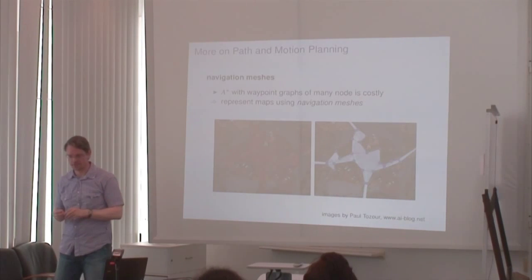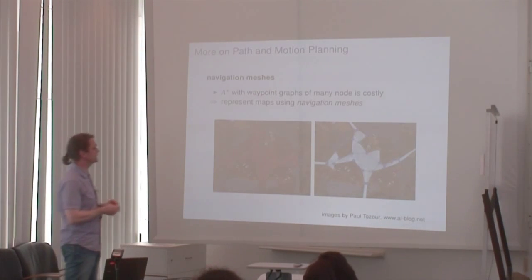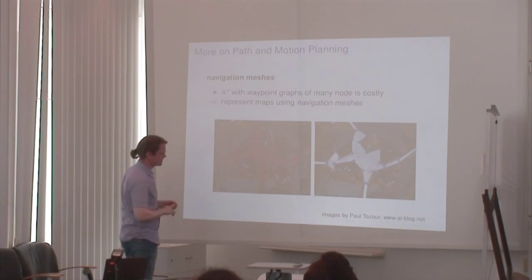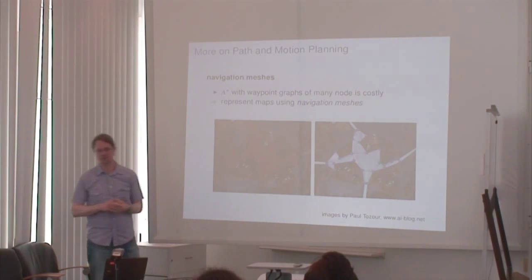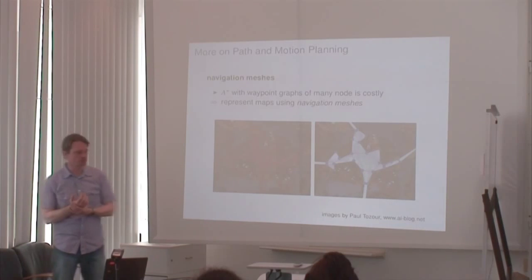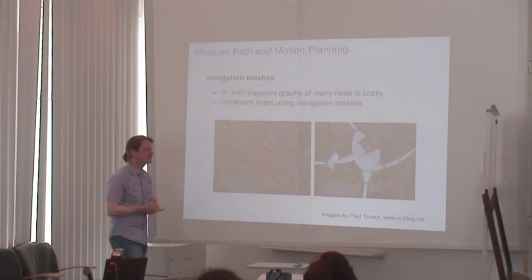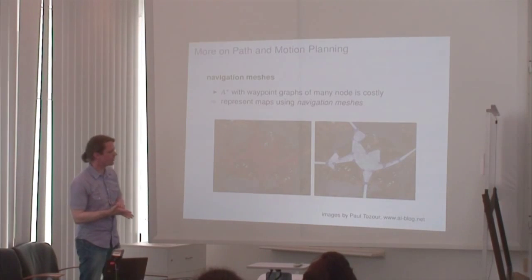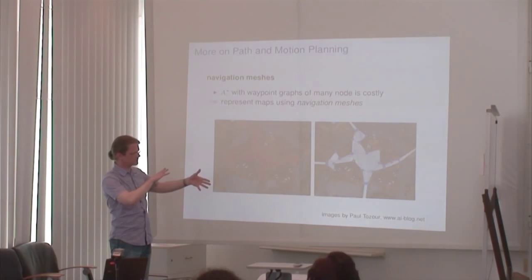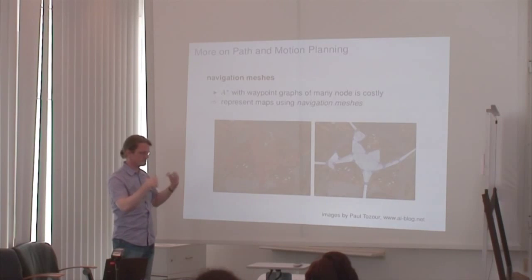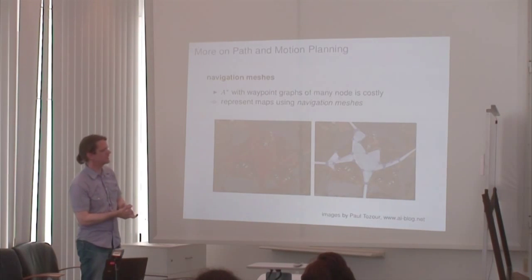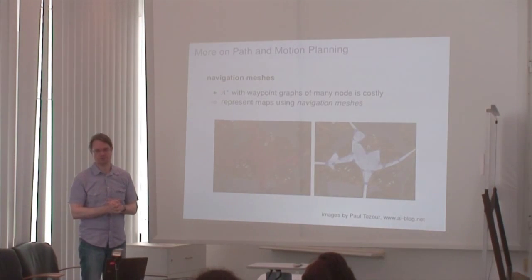Practitioners in the industry found it not desirable to have so many waypoints. And so just a couple of years ago, again somehow surprising, the idea was born to represent game maps, game worlds, in terms of these navigation meshes.